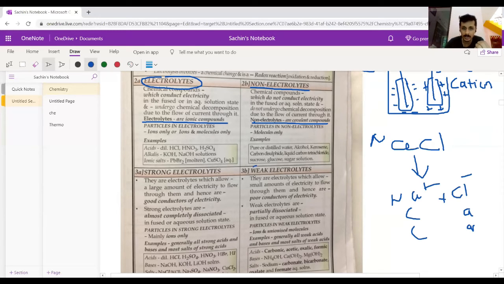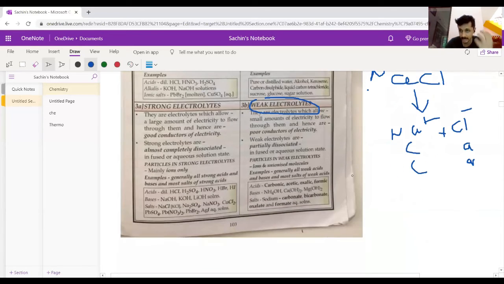But there is another class of electrolyte which is called a weak electrolyte. It conducts electricity poorly, not as good as a strong electrolyte, and also when it is dissociated, there will be some amount of the starting material, that is the molecule, and some ions. For example, NH4OH, ammonium hydroxide, calcium hydroxide, magnesium hydroxide.